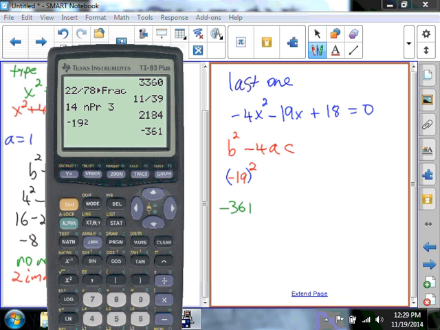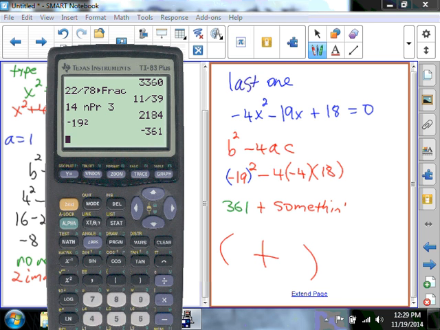So anyway, we are going to get 361 and then something. So minus 4 times A, so times negative 4 times C, which is 18. So I have a negative times a negative. Is that going to be minus or plus something? It is going to be plus something. At this point, I realize it's going to be positive.